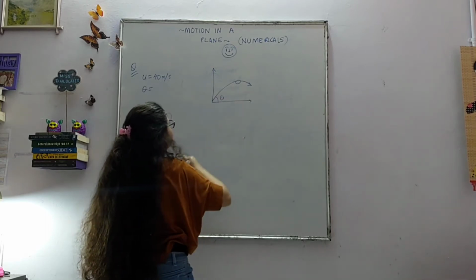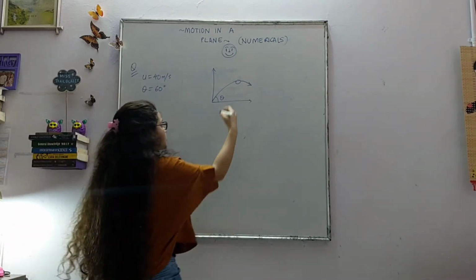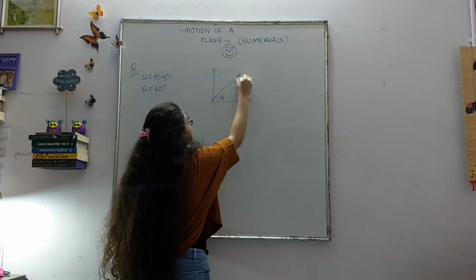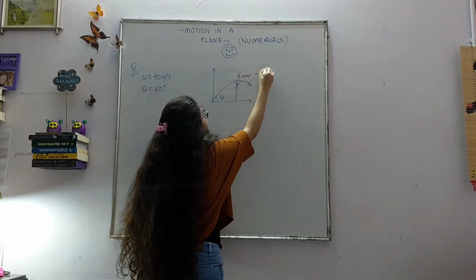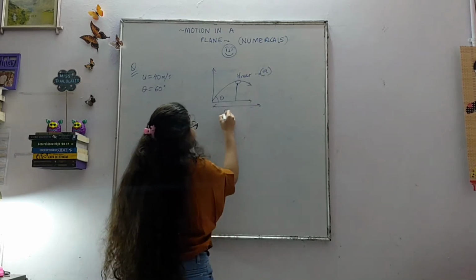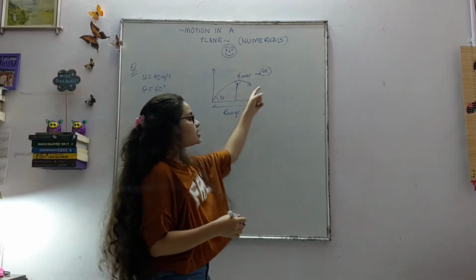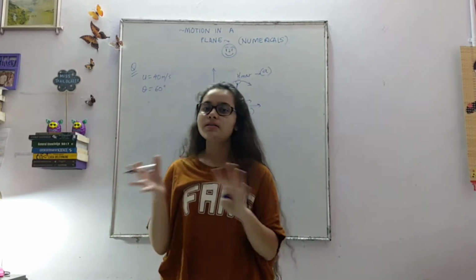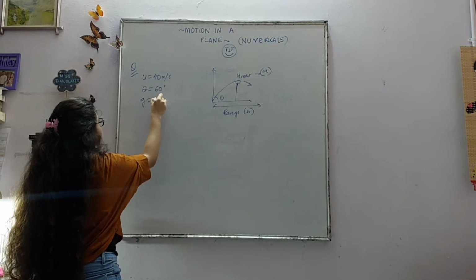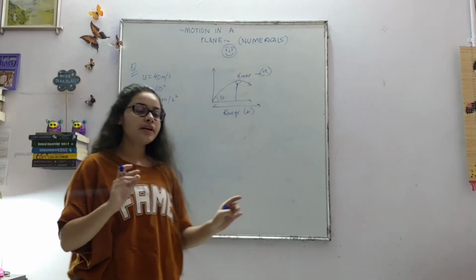It makes an angle theta with the horizontal, theta is given to us as 60 degrees, and at some point it will obviously reach your maximum height or h max, which is what we have to find in the first case, and then it also covers some horizontal distance called range, which we have to find as the second case. Right, these are the two questions inside one question, so it covers two concepts back to back. And here you have also been told to take g as 10 meter per second square. Very simple, everything is given, it's pretty straightforward.